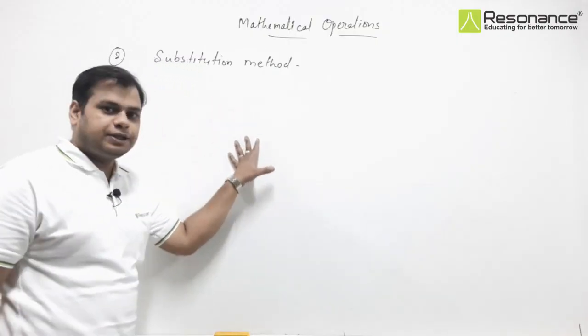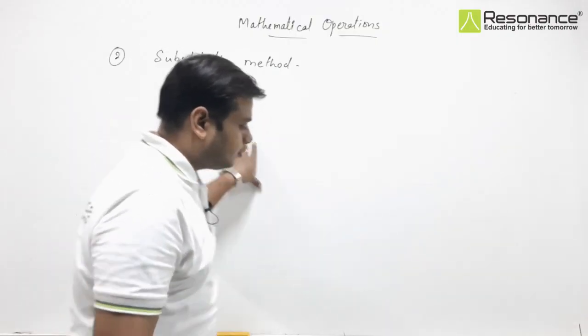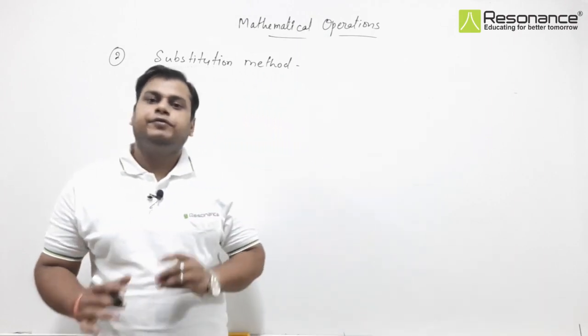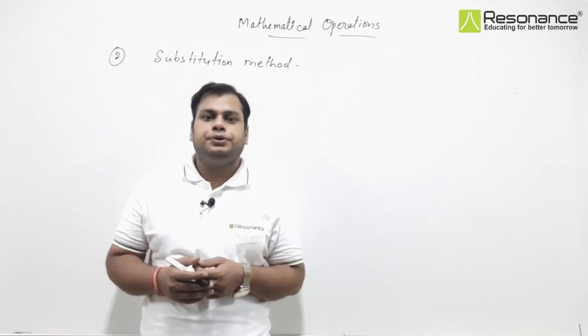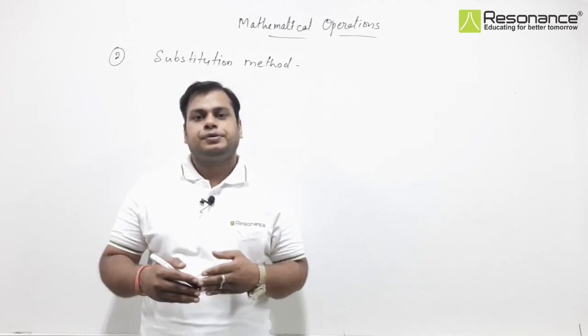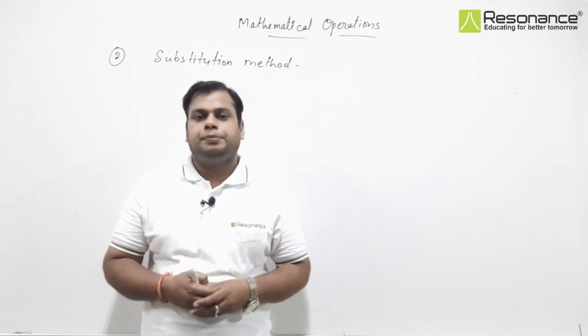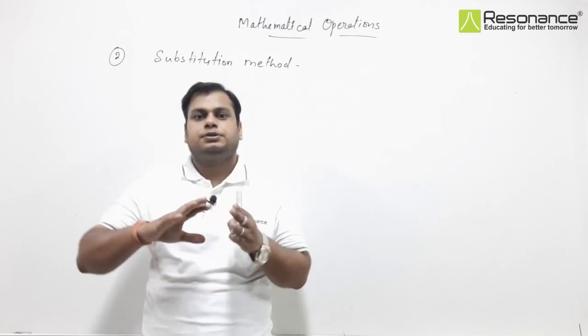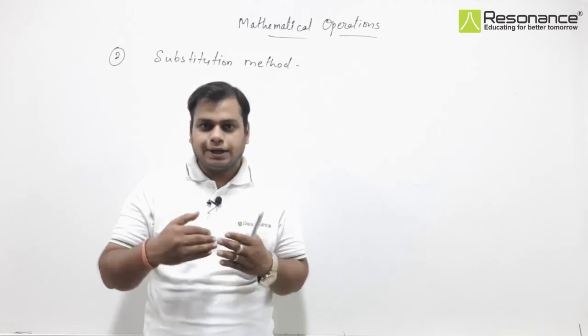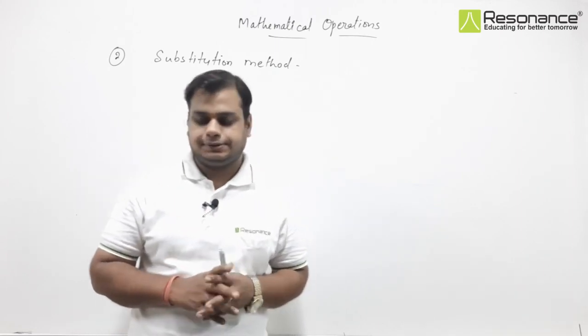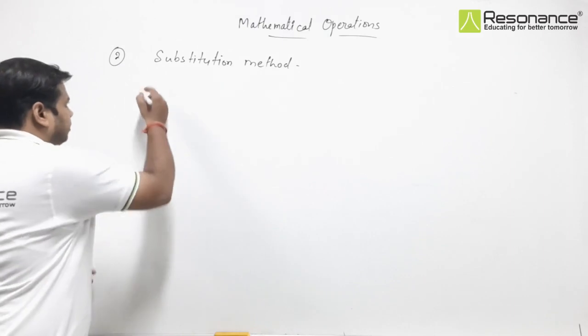In substitution method, we are given the whole equation, but in the directions we are given some substitutes. That means between the numbers, where the signs are placed, we have to substitute the correct signs which are given in direction. Let's understand by the example.